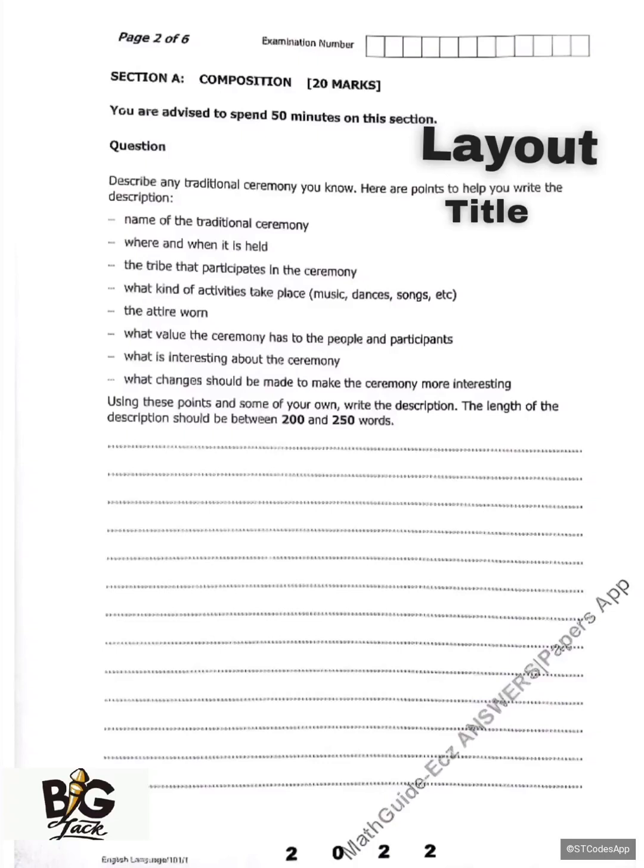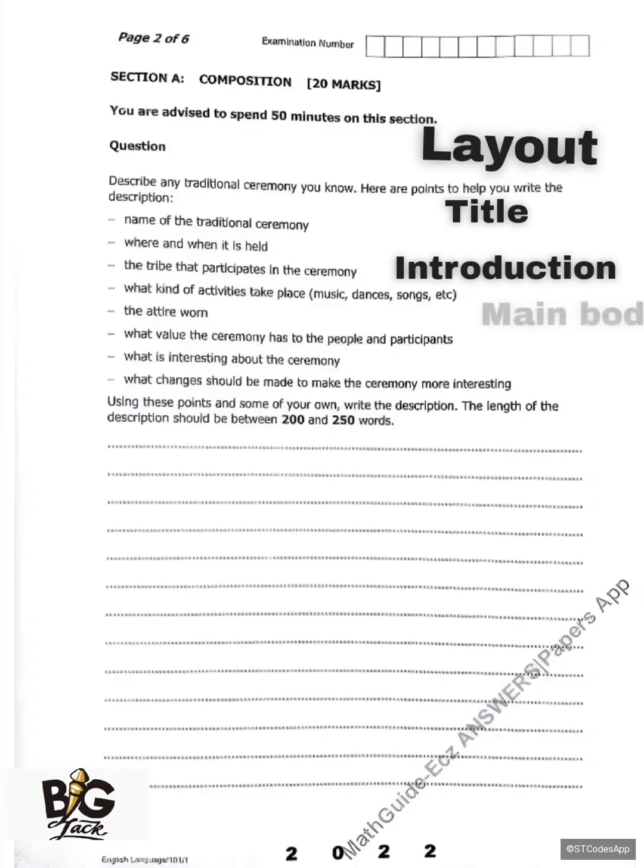The next one is the introduction. On the part of the introduction, you are going to introduce the things that you are going to talk about in your main body. Apart from the introduction, we also have the main body.